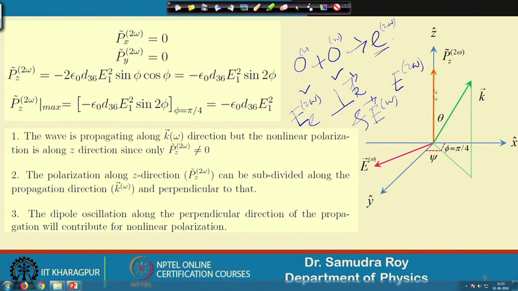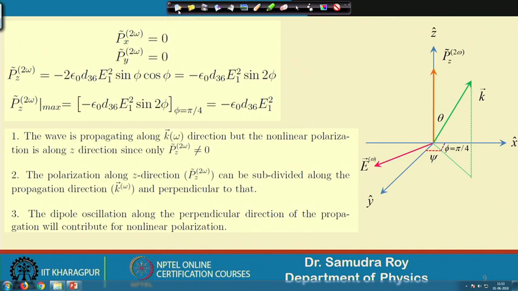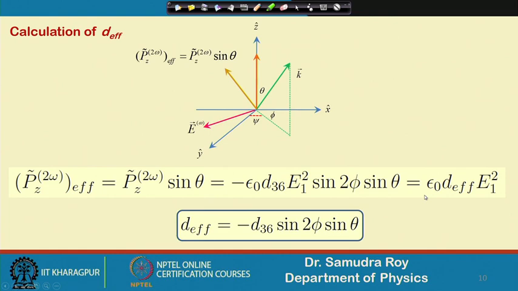So, now if I want to find out the components which are perpendicular to both, we can see that it can be divided into two parts, along this direction and along the perpendicular direction. If I find what we have in the second slide, then we find that this is the direction we can make perpendicular.